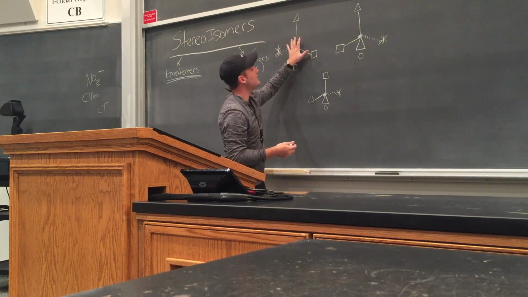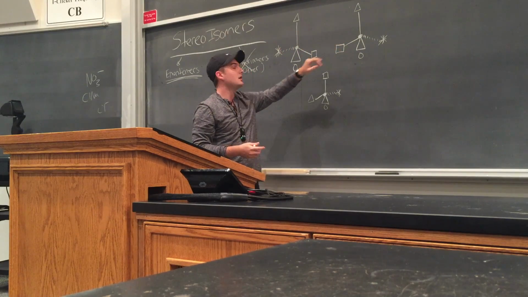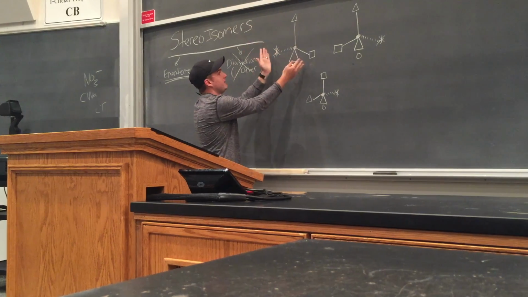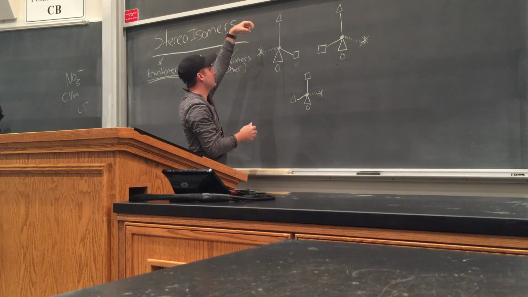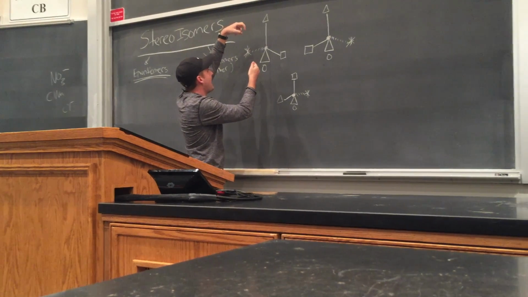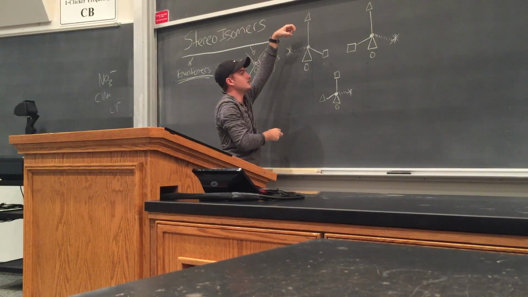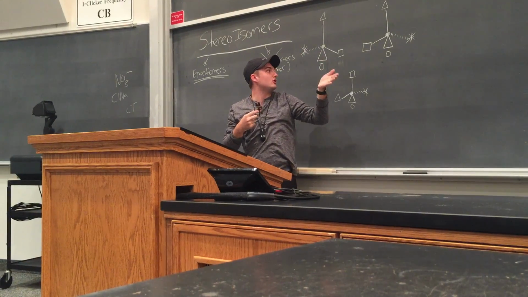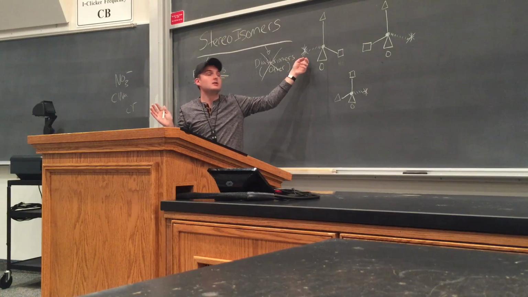So if I want to know if these two are the same, or if there's a stereoisomer, the first thing I do is orient myself on one of them. If I was holding this by the triangle, and I'm looking at this piece, the circle here, if I am the circle, to the left of the circle is a square, and to the right is the star.